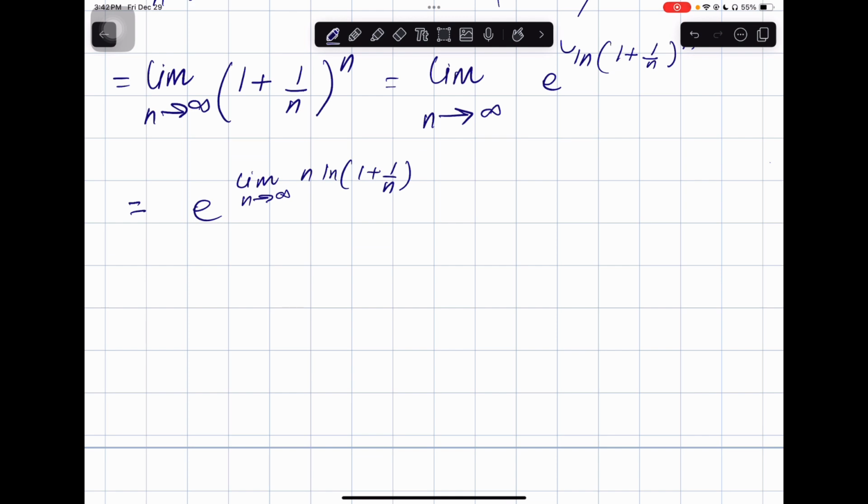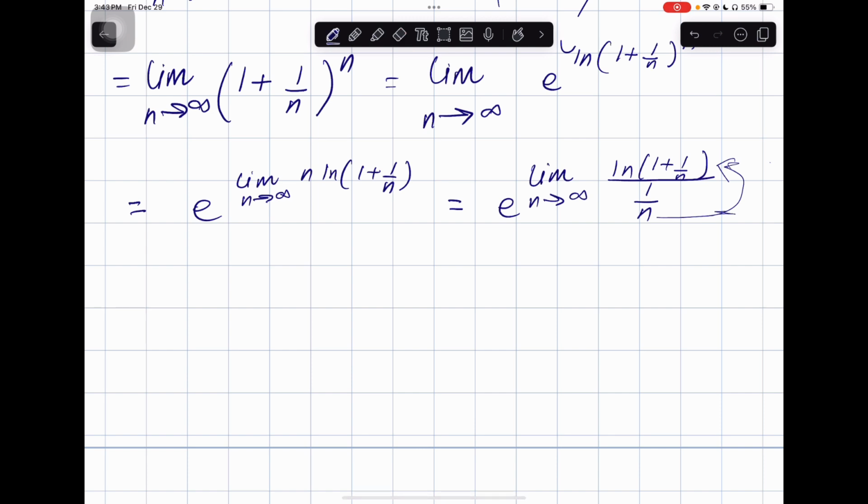So now, what do I do? e to the power limit as n tends to infinity of n times ln(1 plus 1 over n). So what I can do is this. And when the n goes to the denominator as 1 over n, we get what we had.